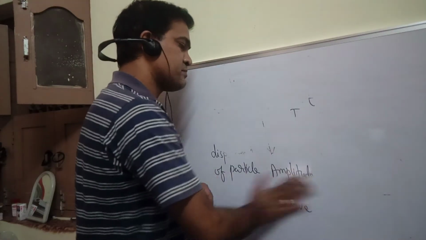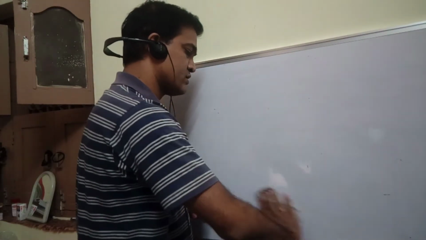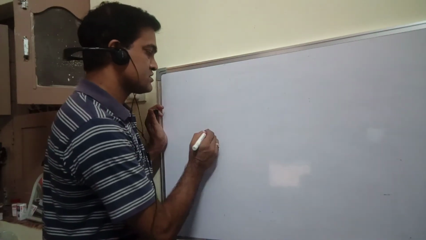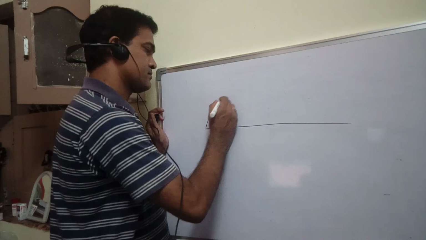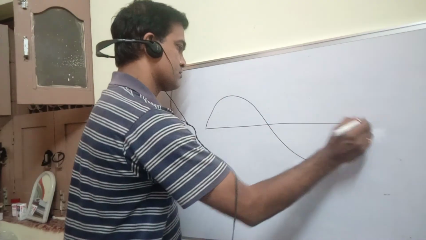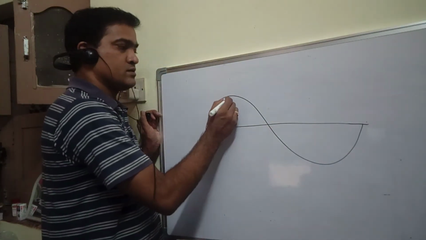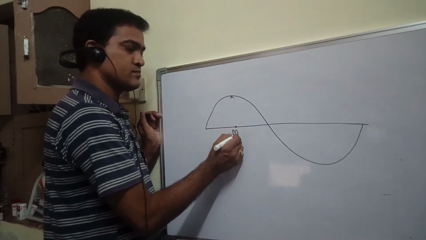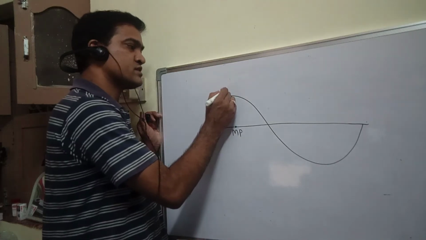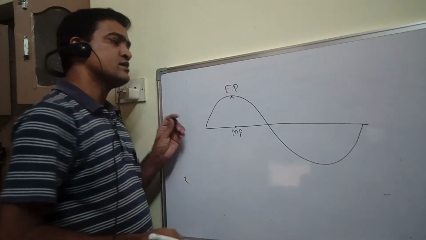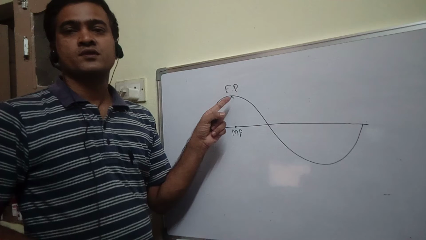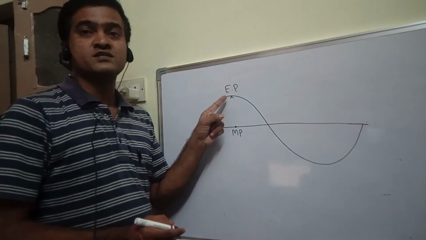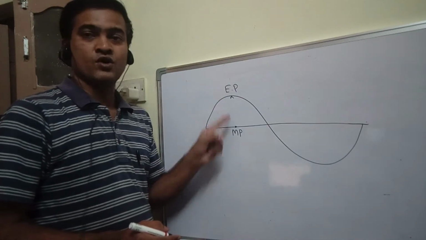Let me show you amplitude again by drawing a wave. If I consider this as a wave, this is the mean position, MP I am writing. This is the extreme position, or you can say the topmost point on the wave, that is the maximum displacement, up to which this particle can oscillate.